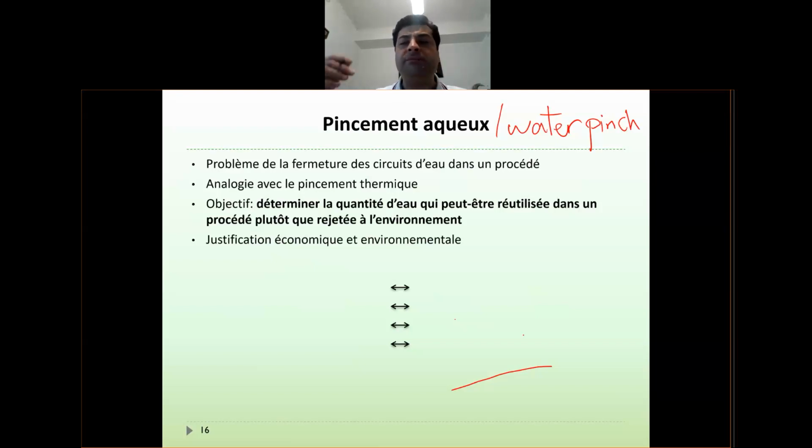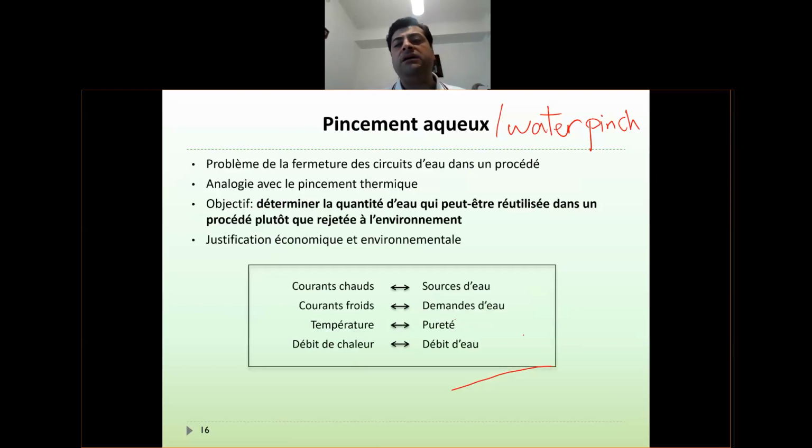So pinch analysis is something very interesting. But there are some differences and some similarities between water pinch and thermal pinch. Can you guess? Can somebody tell me what kind of similarities could be between water pinch and thermal pinch?